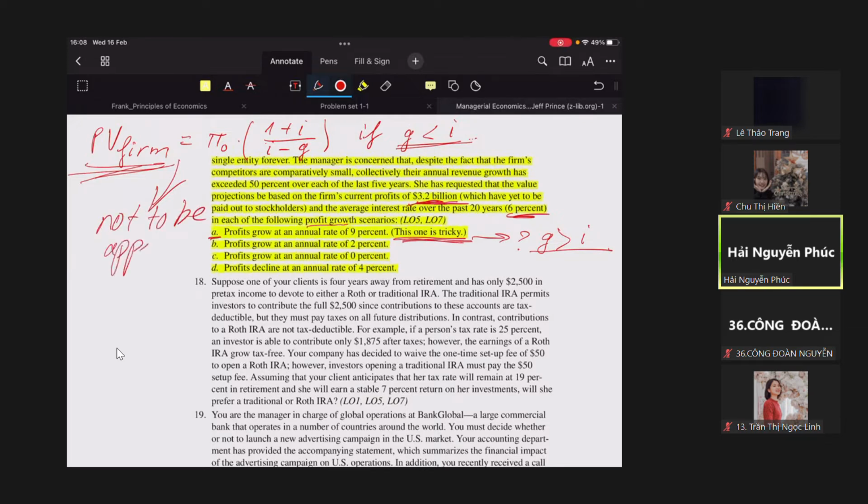So you can compute the present value of the firms using this formula only for questions B, C, and D. Question A, because G is greater than I, this formula is not going to be applied.